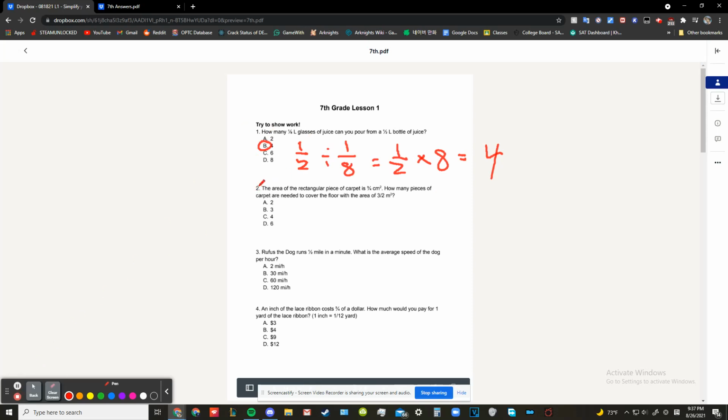Now let's look at 2. The area of the rectangular piece of carpet is 3/4 centimeters squared. How many pieces of carpet are needed to cover the floor with the area of 3/2 meters squared? So I think this is a typo, and it needs to be just meters squared. Okay, just like 1, we're going to do it a similar way.